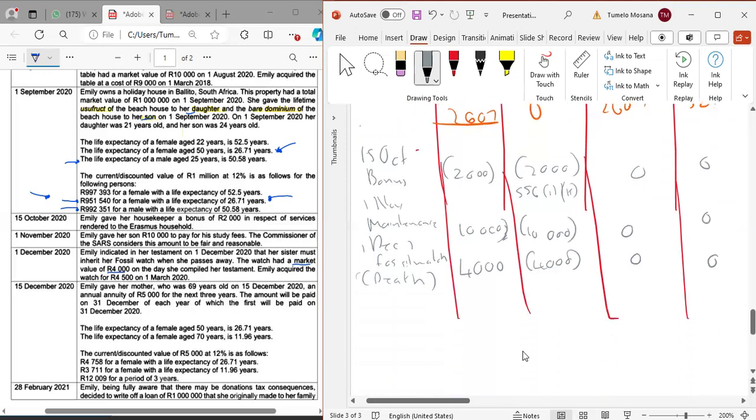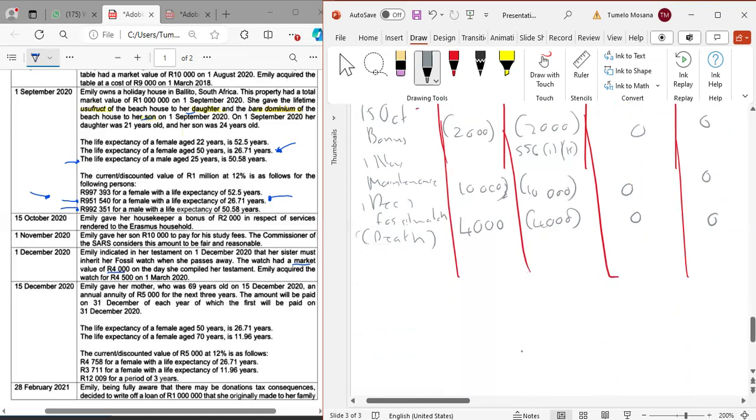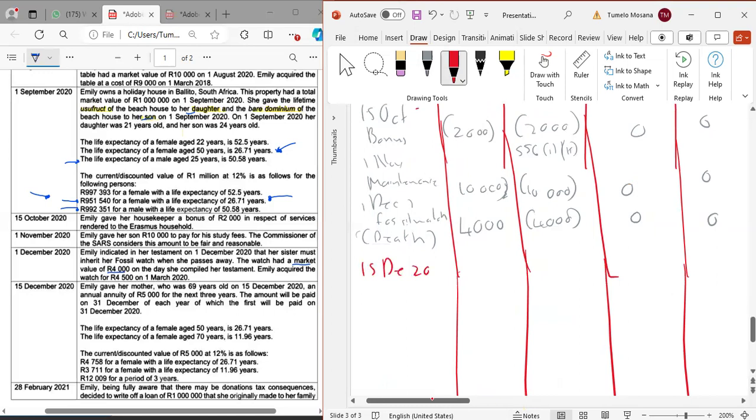Now, Sandra, the question that you are running away from, 15 December. Emily gave her mother, who was 69 years old, on 15 December 2020, an annual annuity of 5,000 for the next 3 years.